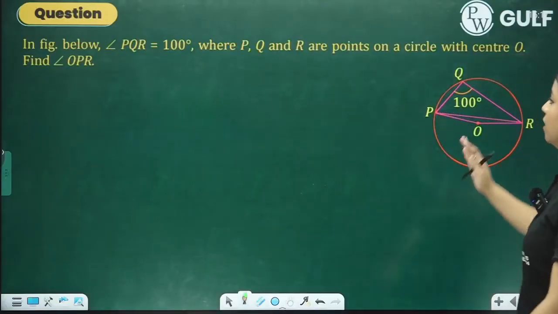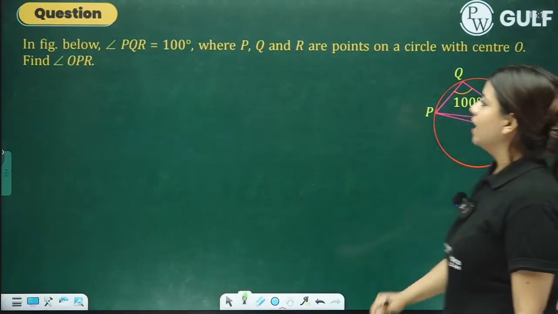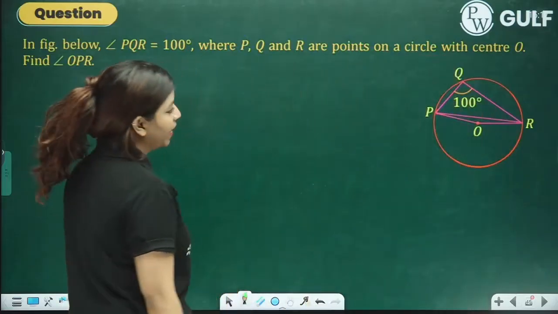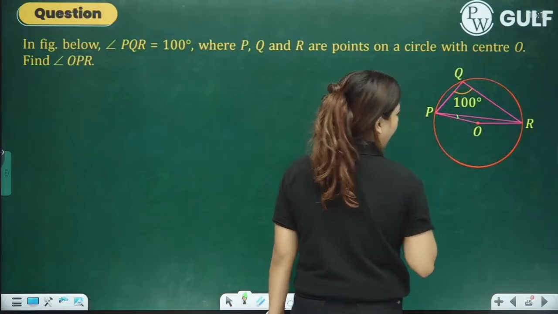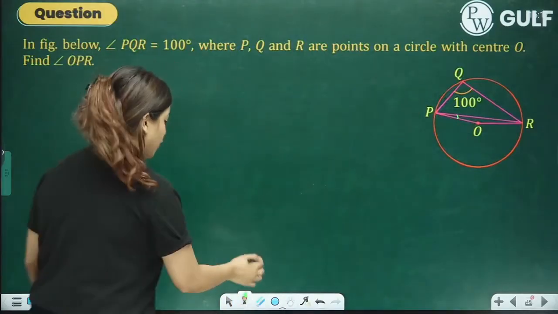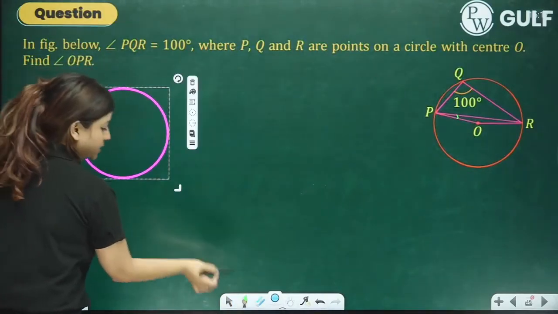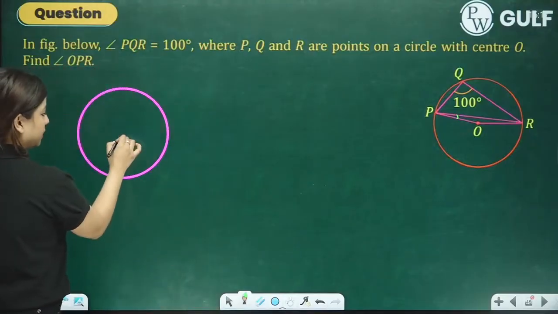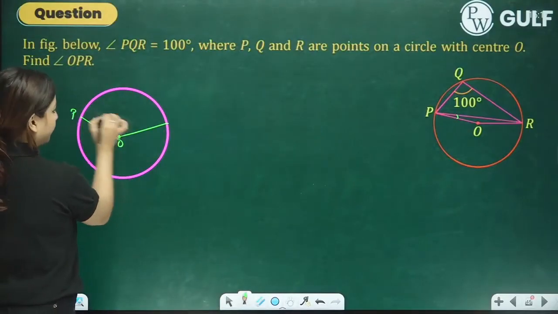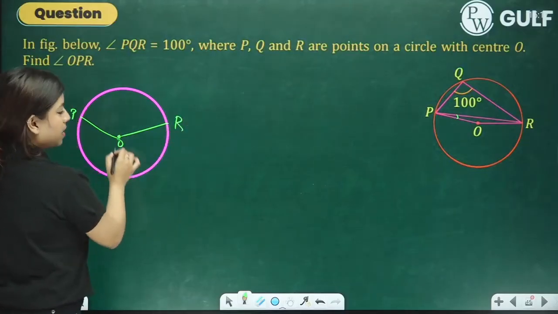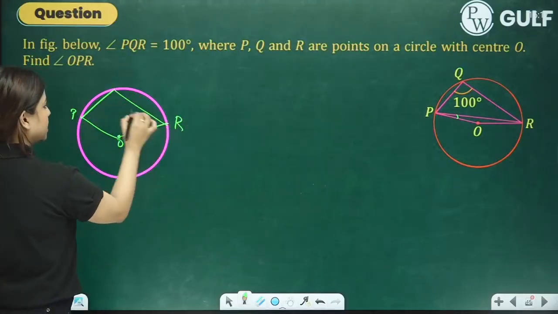Next question. Over here it says if PQR is 100, we have to find OPR. This small angle. First of all, just look at the figure. This is the circle. This is O, P and R, and over here this is 100.